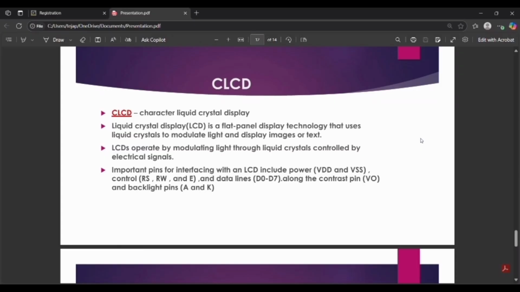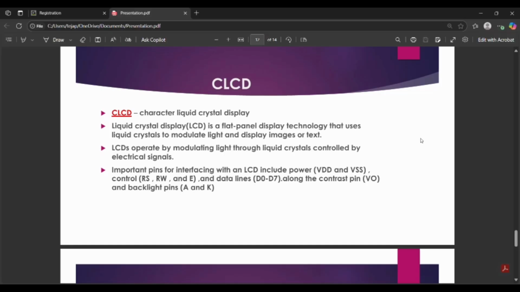LCDs are similar to CLCDs, but there is a slight difference. LCDs operate by modulating light through liquid crystals controlled by electric signals, but not CLCDs.